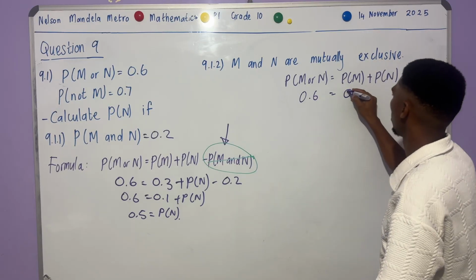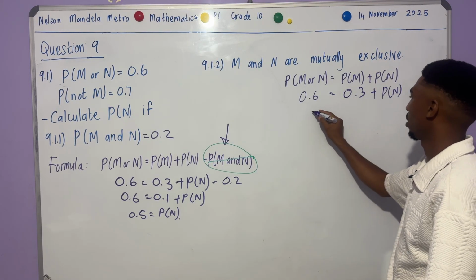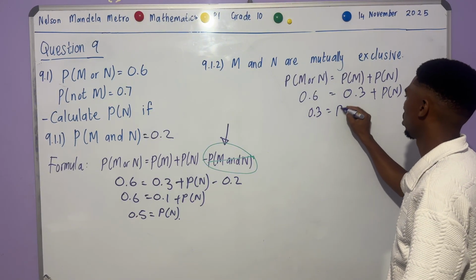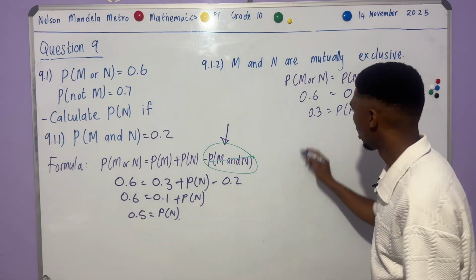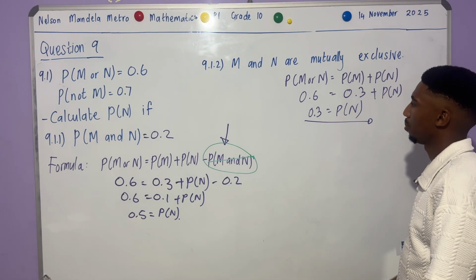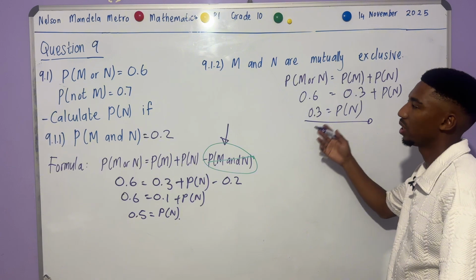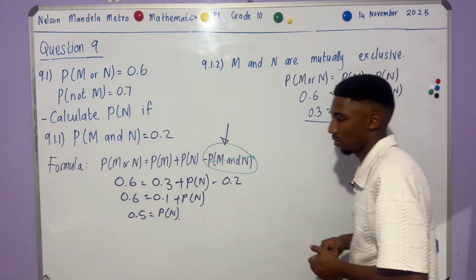We said P(M) is equal to 0.3 plus P(N), and we take the 0.3 over. It subtracts from 0.6. I'm going quite fast. I know you're sharp by now, or you're tired. But yeah, 0.3 is equal to P(N) if they are mutually exclusive.